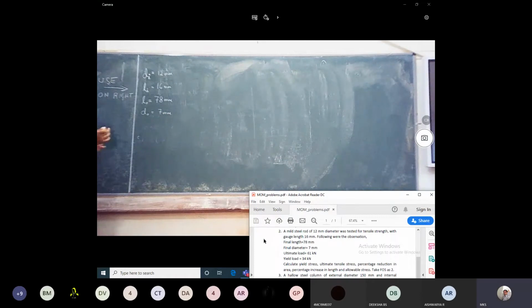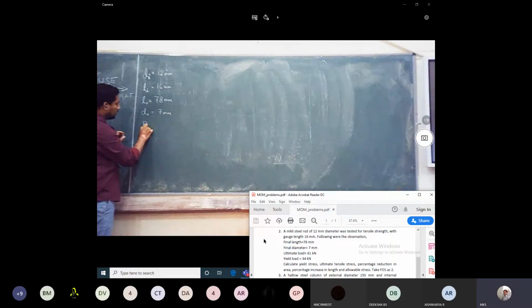And the ultimate load is given. So we'll consider the ultimate load given in the problem. We'll take P for load, with suffix U for ultimate, so PU. Ultimate load is 61 kilonewton.